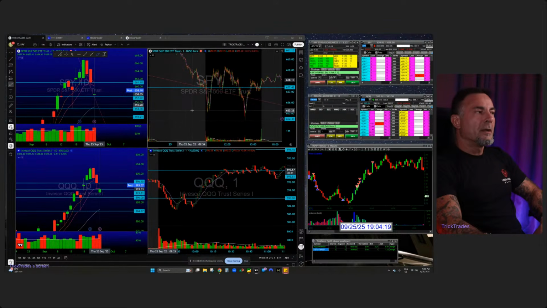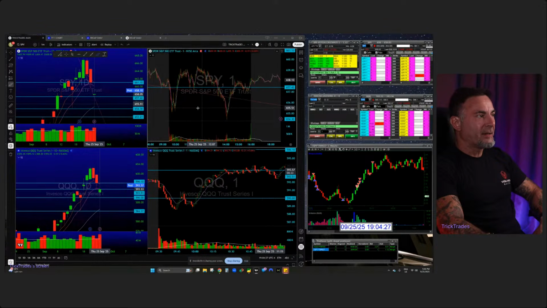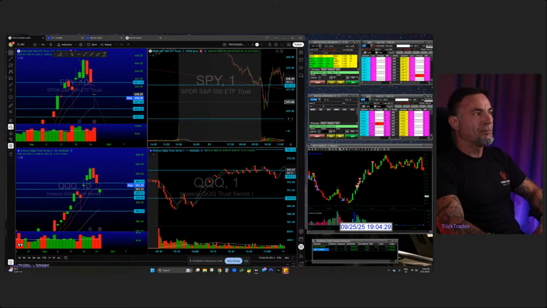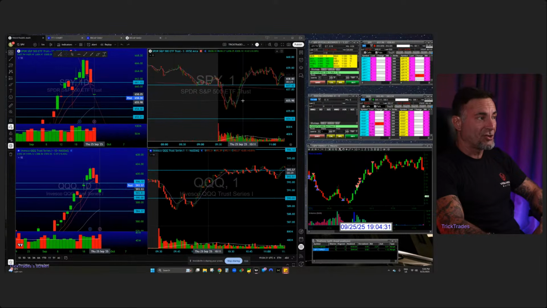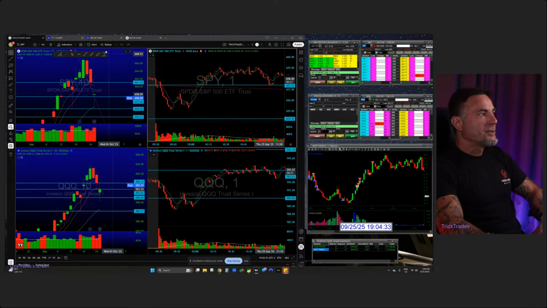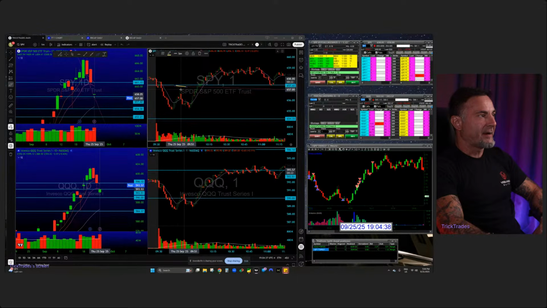So to get back into why I added now, where I added, you can see my blue entry here. I added when it's coming down into potential. Remember, we talked about potential confirmation. So as it comes up and comes into that trend area and sells back off, I'm going to allow it to bounce and hold.